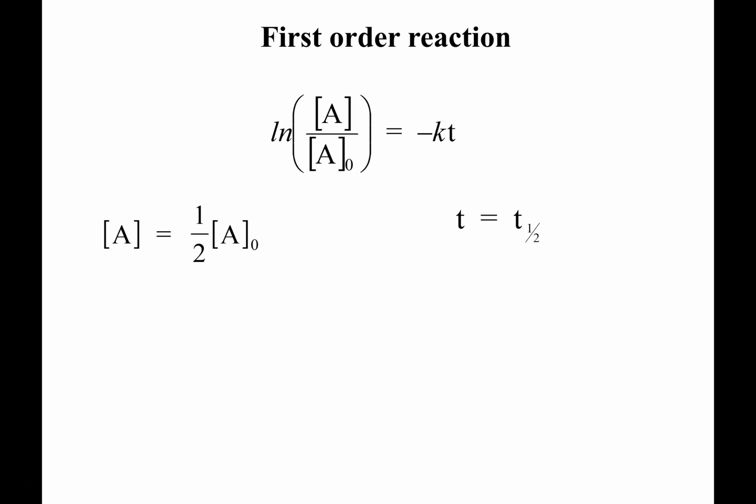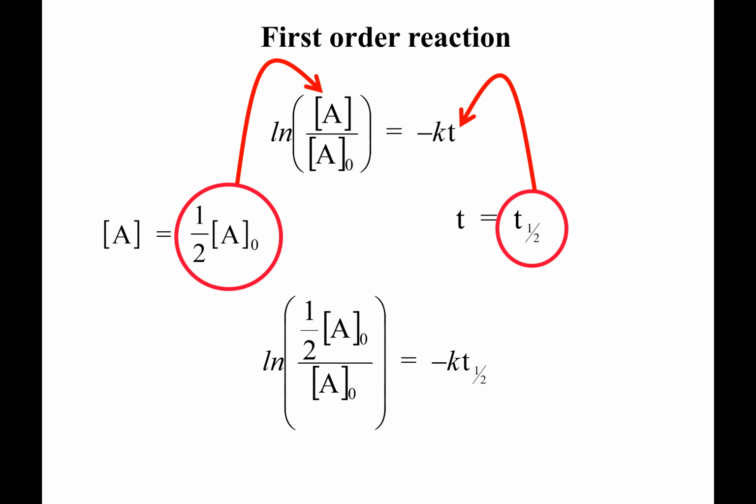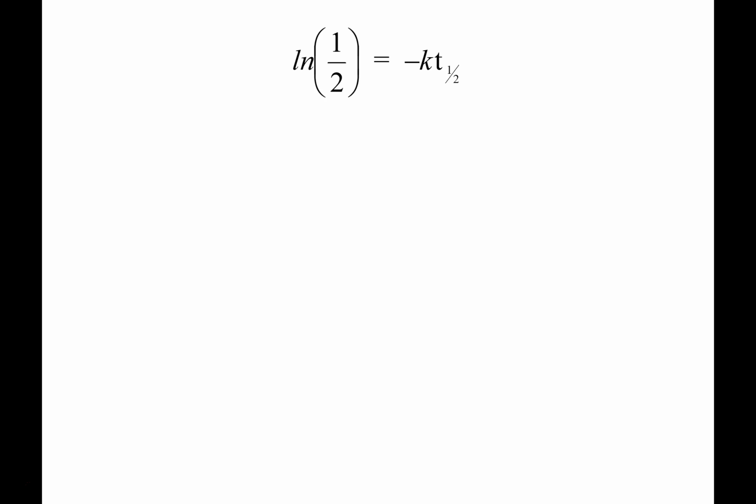This t is t 1/2. You can probably see that our A0 terms are going to cancel, aren't they? So for first order only, this boils down to the natural log of 1/2 equals negative k t 1/2.